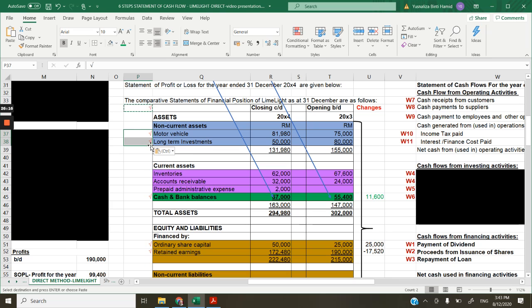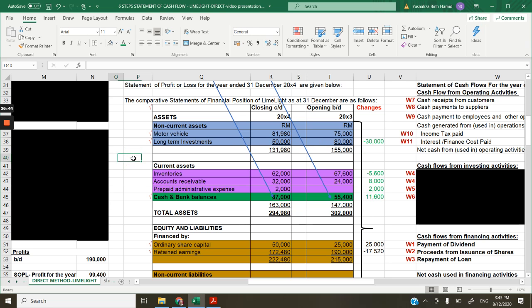We start off with investment, because investment is much simpler since it does not have any adjustment for depreciation. You can see that there was a reduction of 30,000.